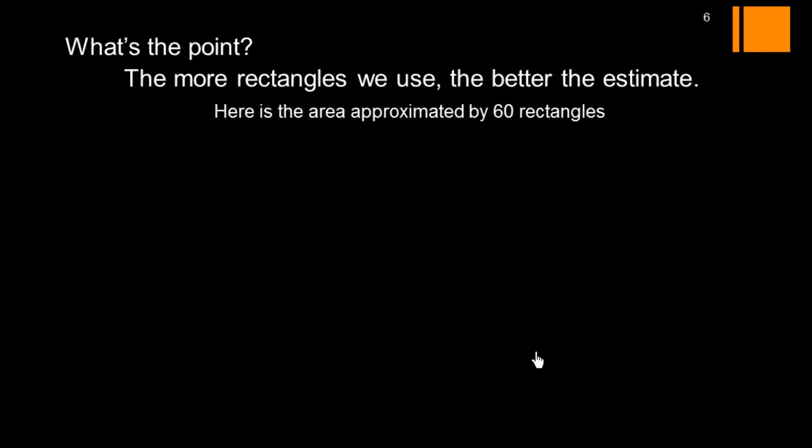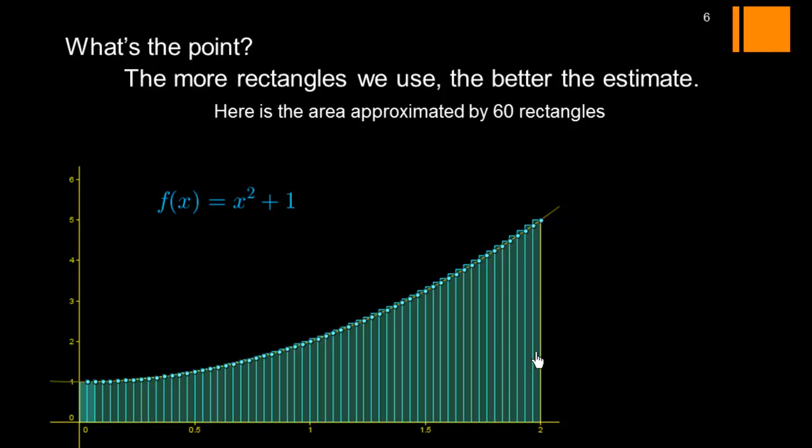So I have 60 rectangles right here, and you can see that the overestimate for these is extremely small. So if I were to add up the area of 60 rectangles, which is 4.7337, it should be a pretty good estimate. In fact, the true area under the curve is 4.6666 and so on, so it's not that bad.